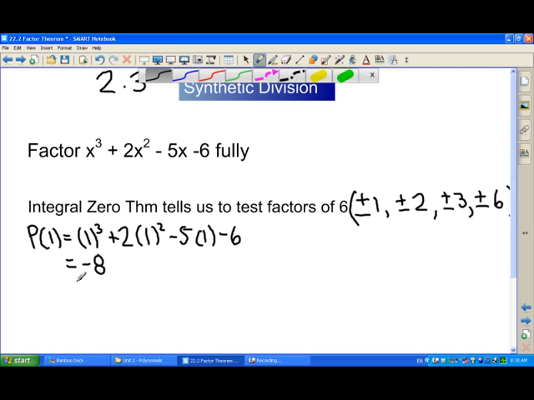So obviously x minus 1 isn't a factor of this polynomial, so let's try a second test. Let's try evaluating this polynomial at 2. I plug 2 in for my variables.